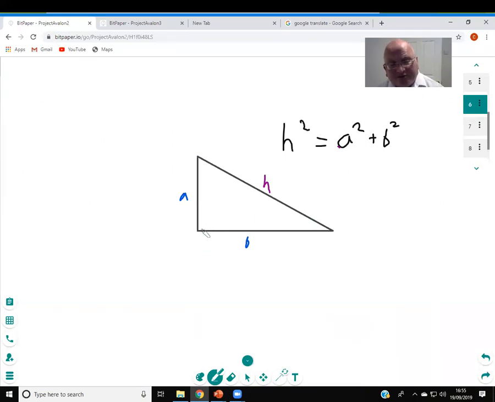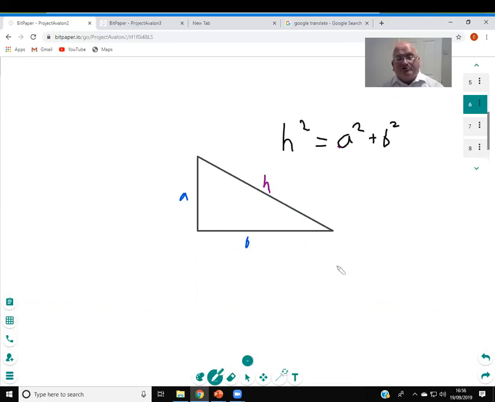The line opposite the right angle we call the hypotenuse, or today I'm just writing H for it. The other two sides we can give any letters, but I'm giving them A and B. Then we can write Pythagoras' rule by saying H squared, H times H, equals A squared plus B squared. And that will be true of any right-angled triangle.